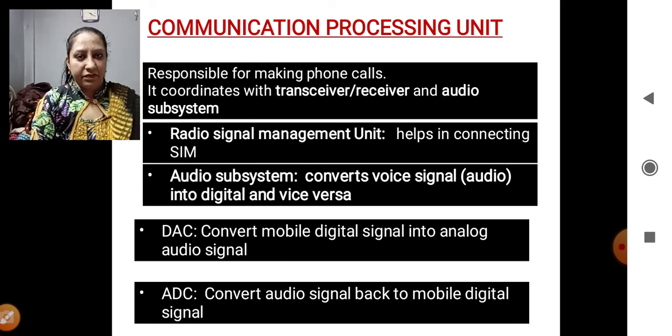The second thing is, when the user makes a phone call, you speak the audio. Your audio data, when you speak out, is recorded by the mic which is installed in your mobile.